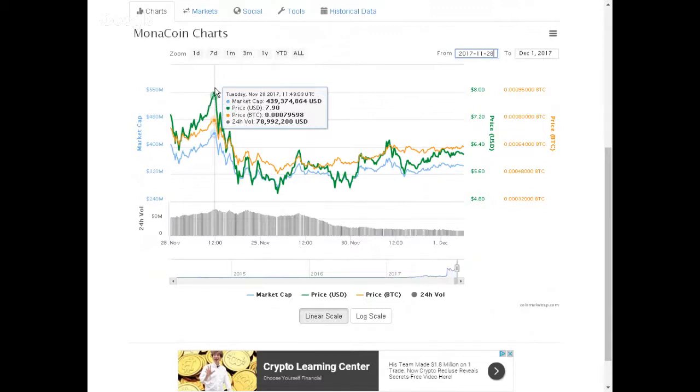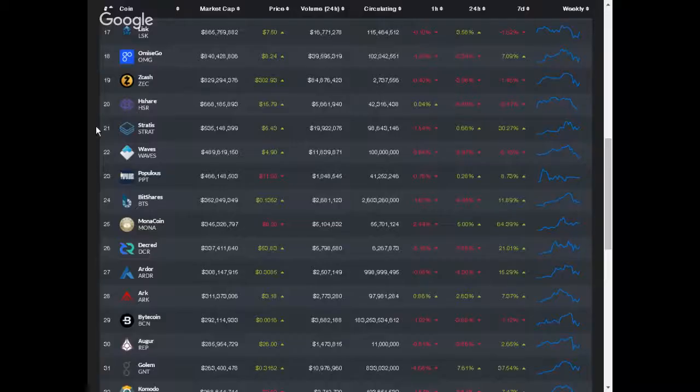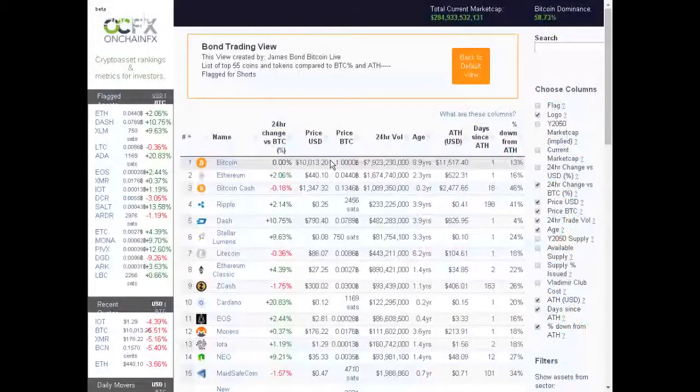You're going to get 80,000 satoshis versus 64,000 satoshis. That's probably why it's a little bit lower on my priority. Monacoin's down here on the bottom, a little bit lower on my priority here.